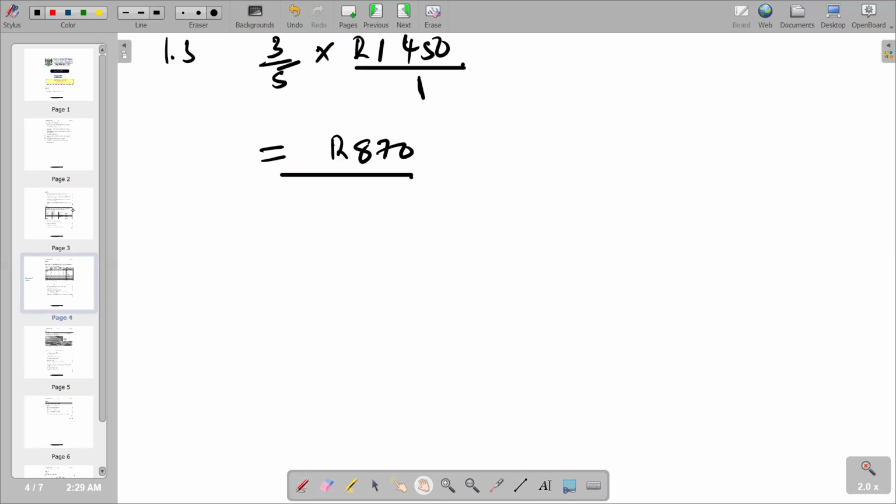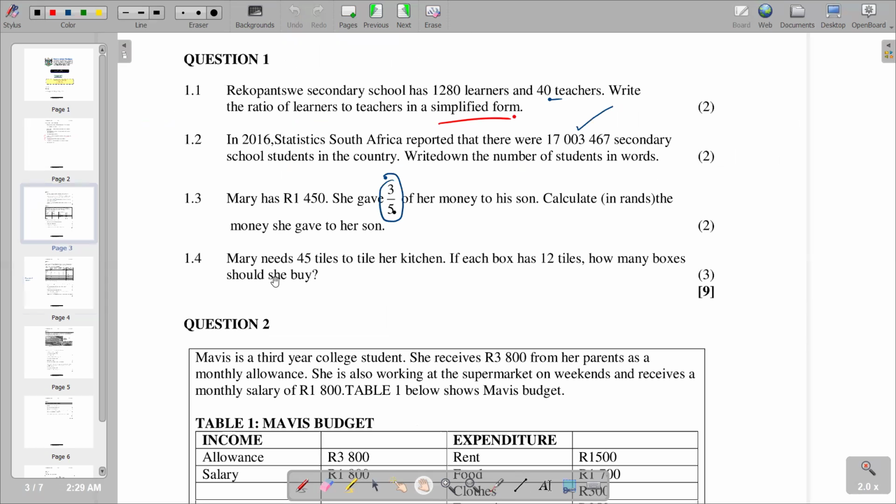So we move on to the next part of our question, which is now 1.4. Mary needs 45 tiles to tile her kitchen. If each box has 12 tiles, how many boxes should she buy? Obviously, 12 tiles make a box, whereby there are 45 tiles. To see the number of boxes, we want to see how many 12 tiles are inside 45 tiles. So basically it's 45 tiles divided by 12 tiles.